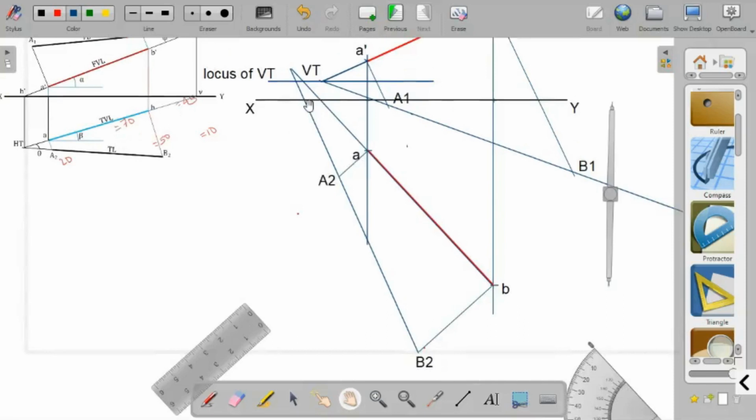So the point of intersection of both these lines, this is the point HT. Here is VT and here is HT.